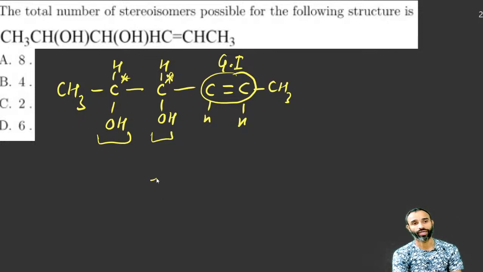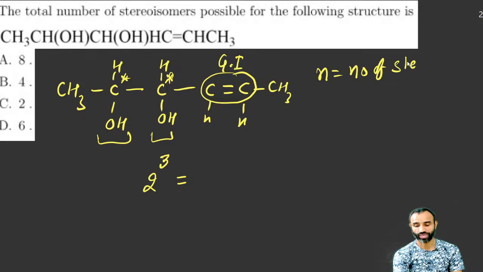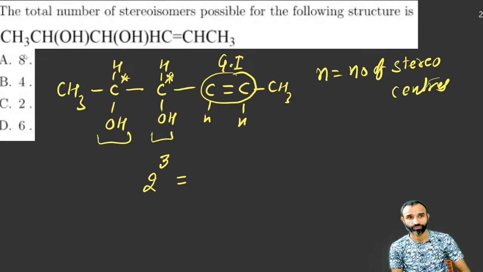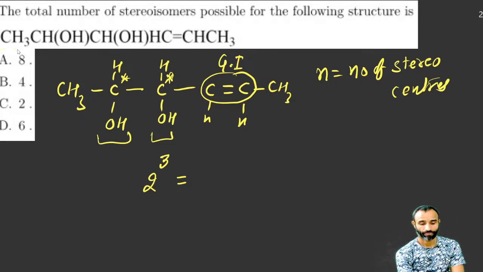Yes, we get 8 products because the number of stereoisomers is 2 raised to power n, n is the number of stereocenters. And this formula is applicable only when the ends are different. There are different ends. On the one side there is a double bond, on the other side there is CH3CHOH. So the total number of isomers is 8.